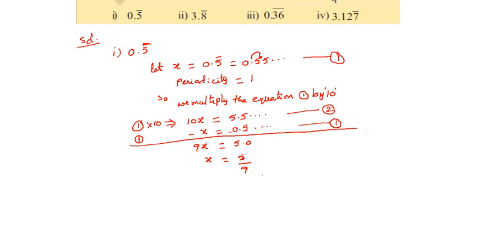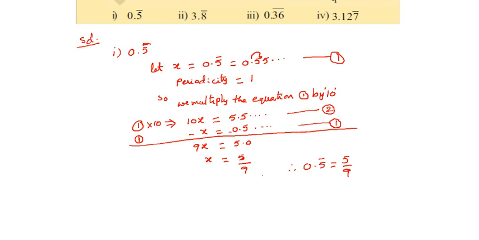Therefore 0.5 bar is equal to 5 by 9. If you wonder whether it is right or wrong, now you do a division. 5 divided by 9, then you get again 0.5 bar. You may test it. You may do the second one also like this.